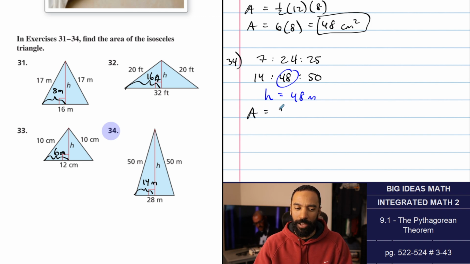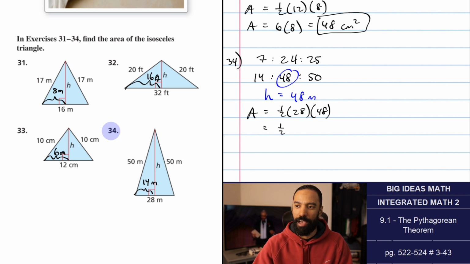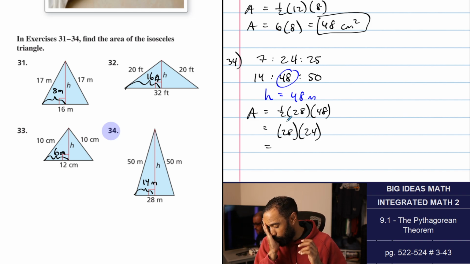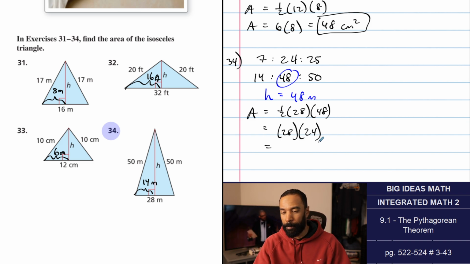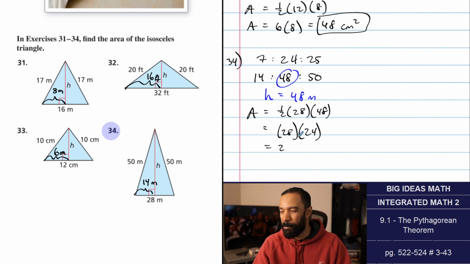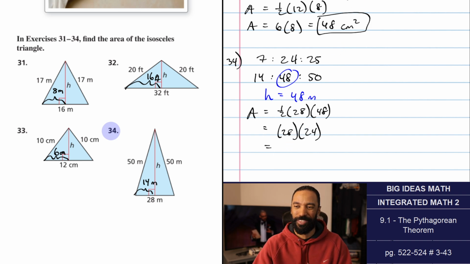So area of this triangle is 1/2 base times height. I think I want to use the calculator regardless here, but let's do half of 48. Half of 48 is 24, and 28 times 24 is, anybody? I have no idea. I think it's 2536. I didn't say that right. 336.